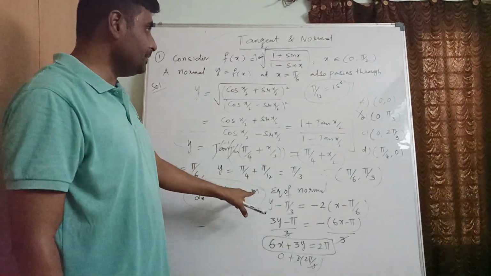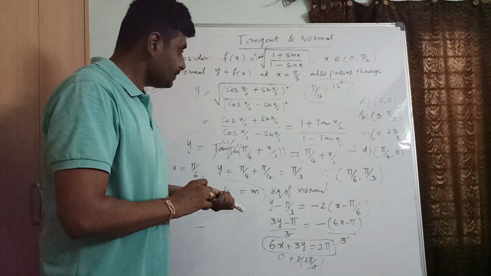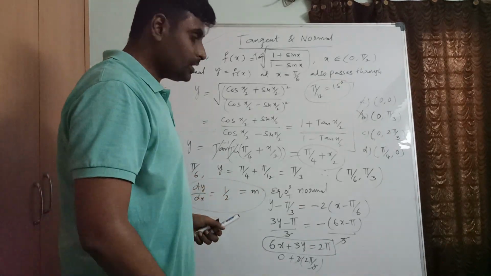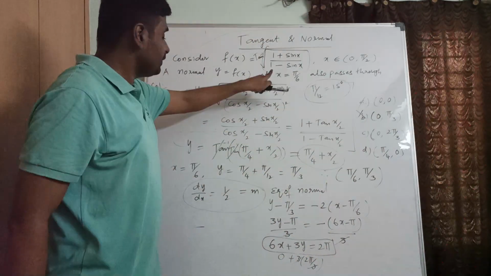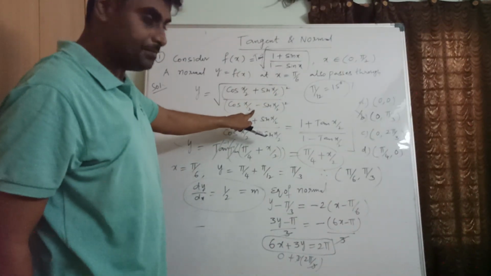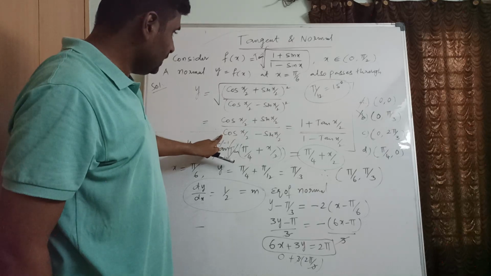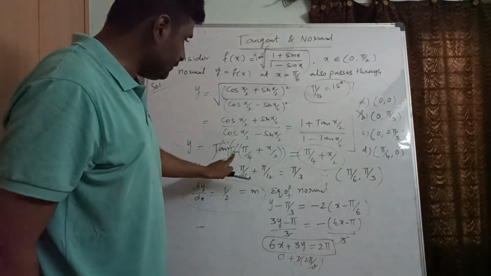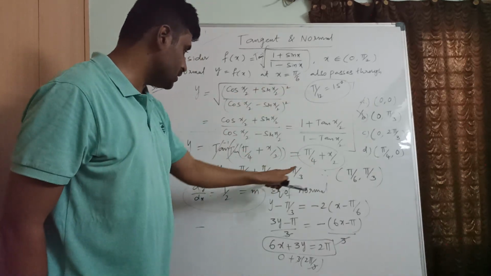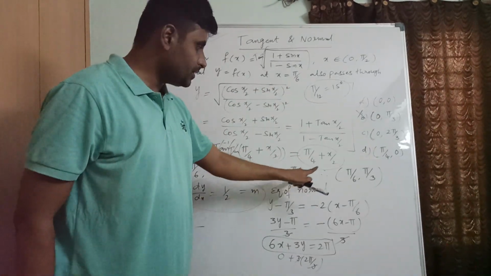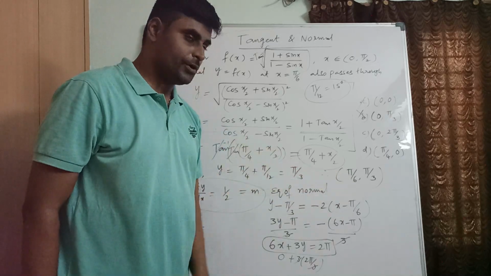So it's very simple. Let me repeat once again. First of all, we have to simplify the function. Then after simplifying the function, we have to find the point of contact. If you substitute x equal to pi by 6, we'll get the y value. So x comma y value, that is the point of contact.